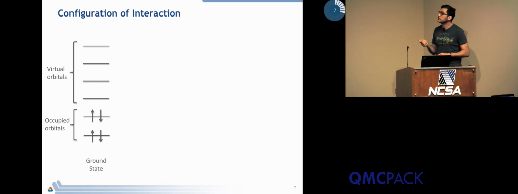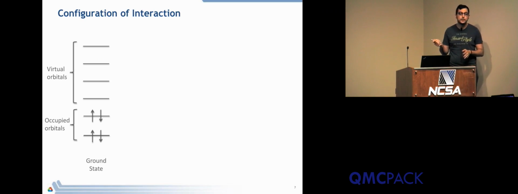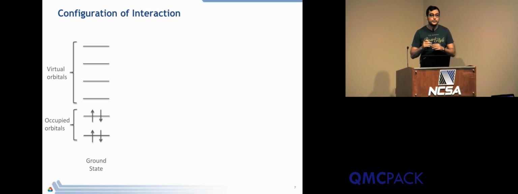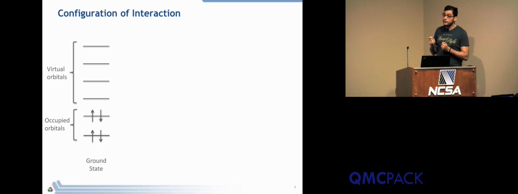Let's say we start from a ground state, and here is a small example where we have these occupied orbitals and these virtuals. If you do a CAS, you will need to select your active space. You will need to know exactly what you're doing to select only the determinants within your active space. You need to know the chemistry of your system to select the right active space, which is great.